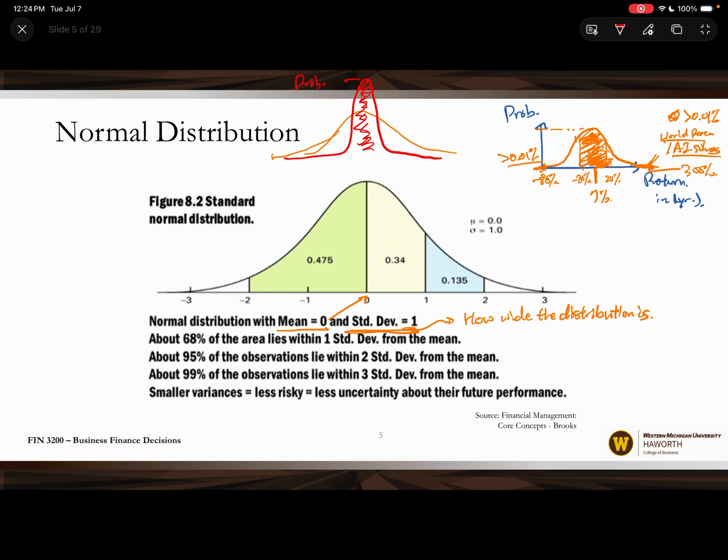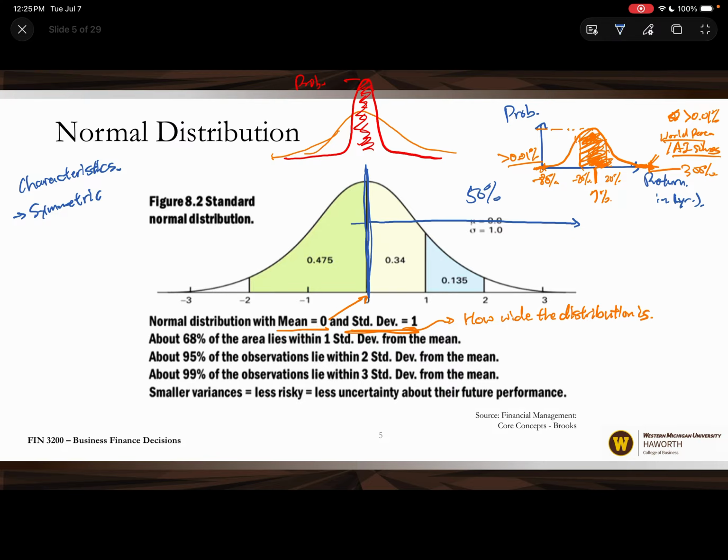And normal distributions are symmetric around the mean. Let me write down the characteristics. First, it's symmetric around the mean, meaning if we were to fold this curve in half, they would completely overlap. Another way of saying this is the probability of observing an outcome to the right of the mean is 50%, because we're trying to account for 100% of the possibilities.